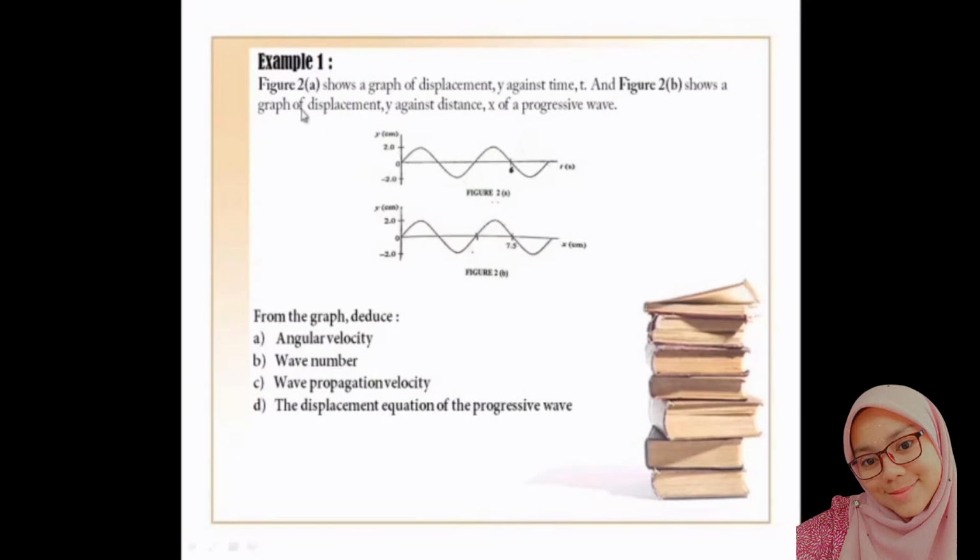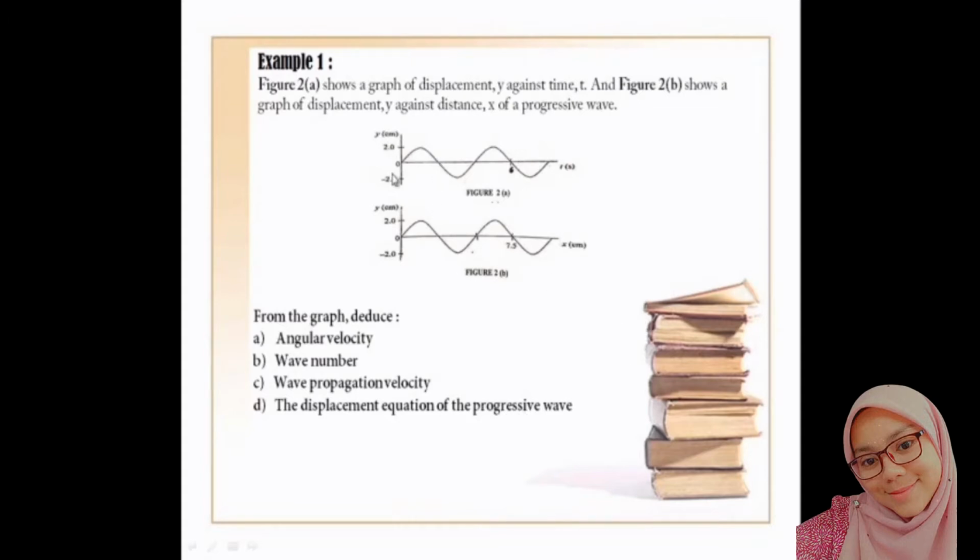Okay, now, so let's try to do some examples. So example 1. Figure 2a shows a graph of displacement against time, and figure 2b shows a graph of displacement y against distance of the progressive wave. So from the graph, we use angular velocity, wave number, wave propagation velocity, and the displacement equation of the progressive wave.